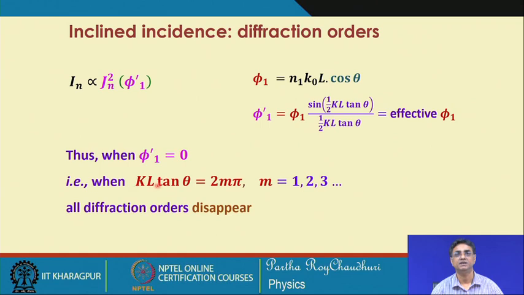So, that means this is the condition when we will have this numerator equal to 0. If this numerator is 0, then it will make the entire quantity equal to 0, even when there is an angle of incidence, even when there is a delta n value, and even when everything is present, still because of this condition that tan theta is equal to 0, you will see that phi dash equal to 0.